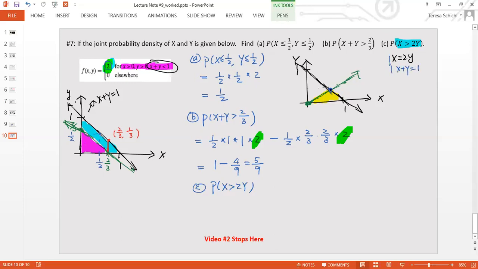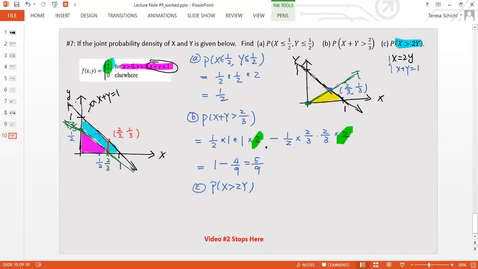The intersection is x at 2/3, y at 1/3. So I'm looking for this little yellow area.